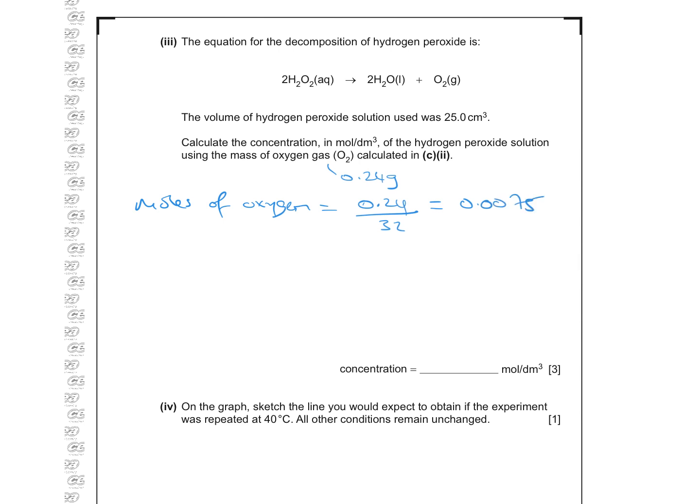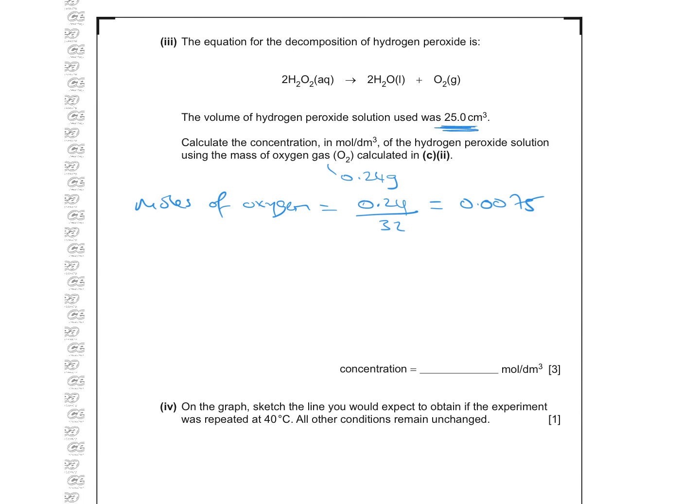Now look at the ratio. It's a 1 to 2. Therefore, we're going to have double the number of moles of the hydrogen peroxide, just 0.015. This can now be converted to a concentration using the volume. So that's why you've been given the volume here.